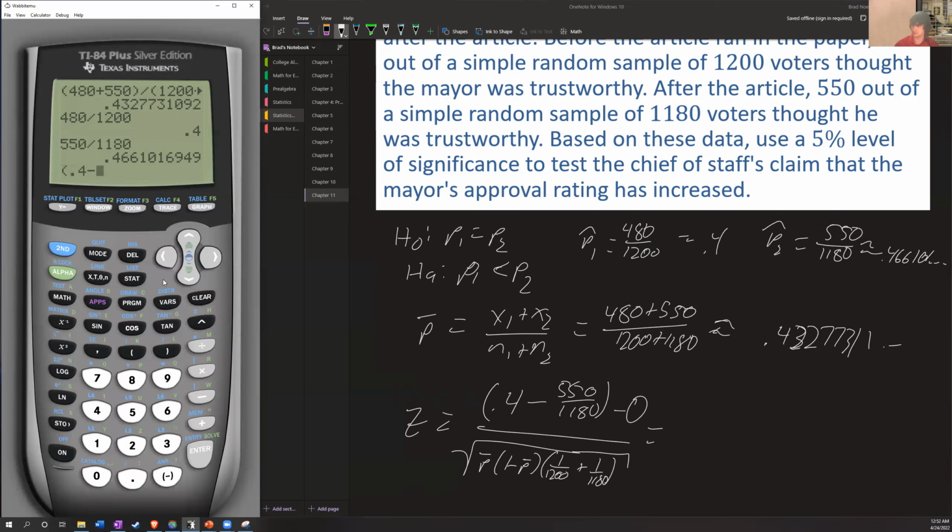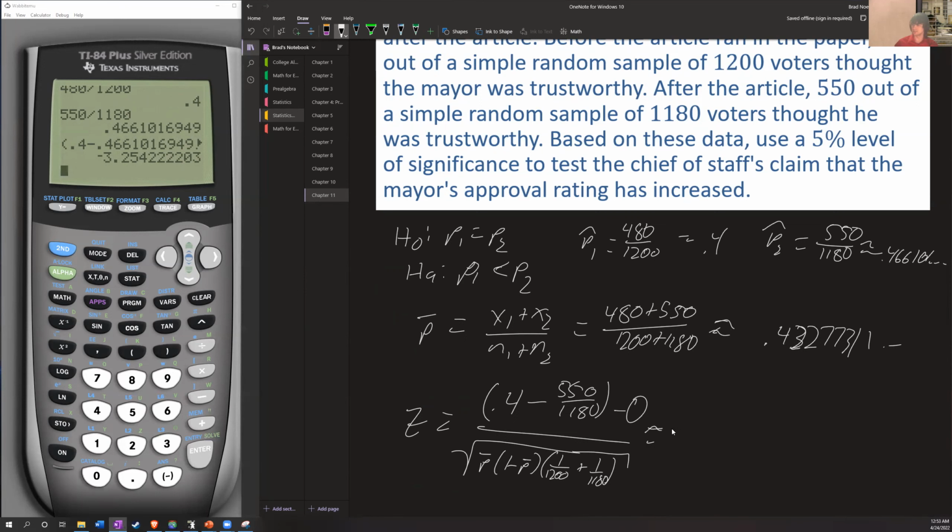0.4 minus this number here, divided by the square root of this number here times 1 minus this number here, times 1 over 1200 plus 1 over 1180.